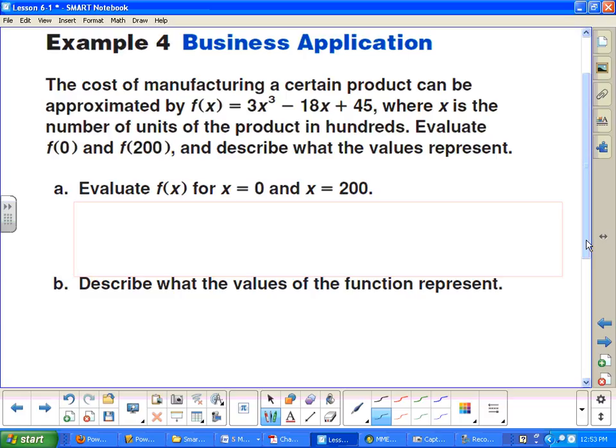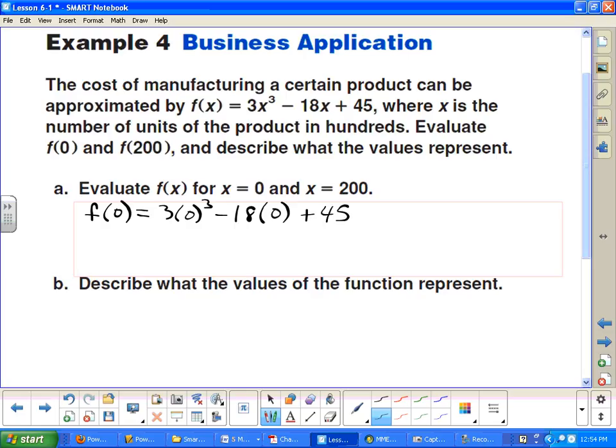Leela, what do I do? Fill them in. So I'm going to put 0 in for x. So we get f of 0 is equal to 3 times 0 cubed minus 18 times 0 plus 45.